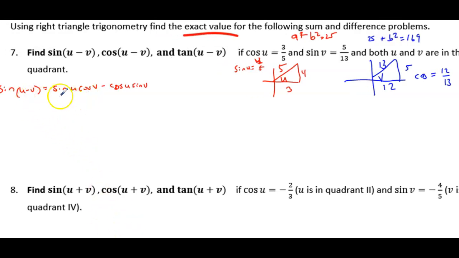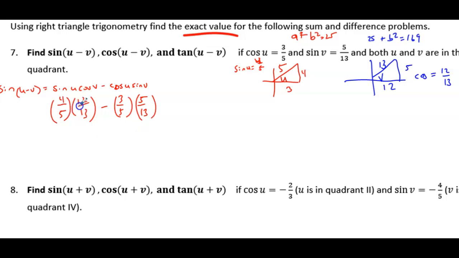Sine of u minus v: we have sine of u, which is 4 over 5, and then cosine of v, 12 over 13, minus cosine of u, which is 3 over 5, sine of v, 5 over 13.